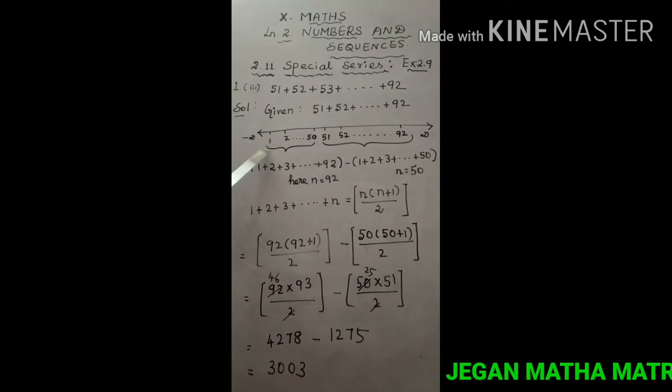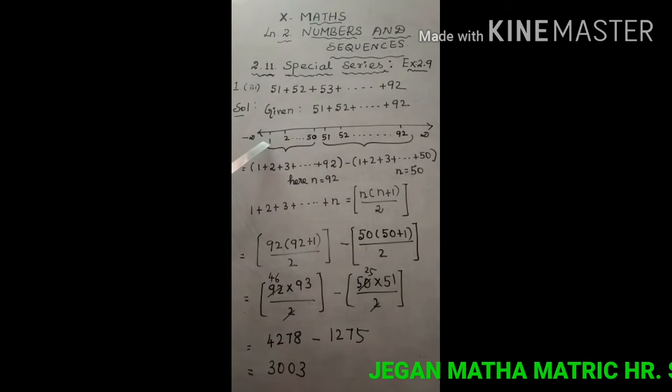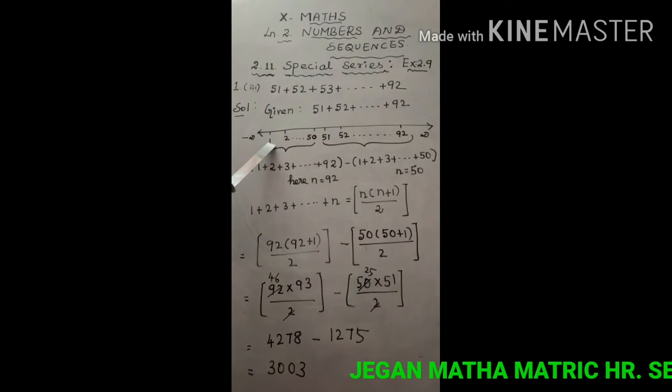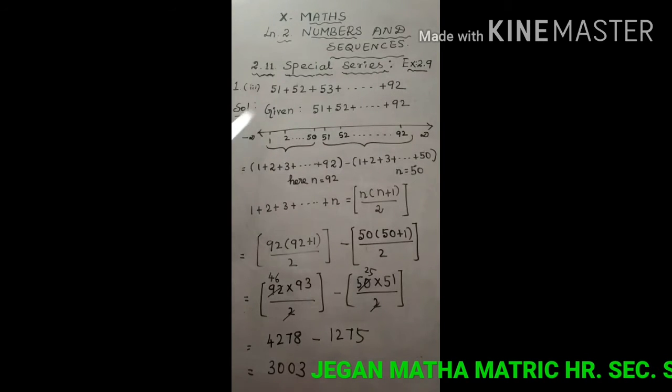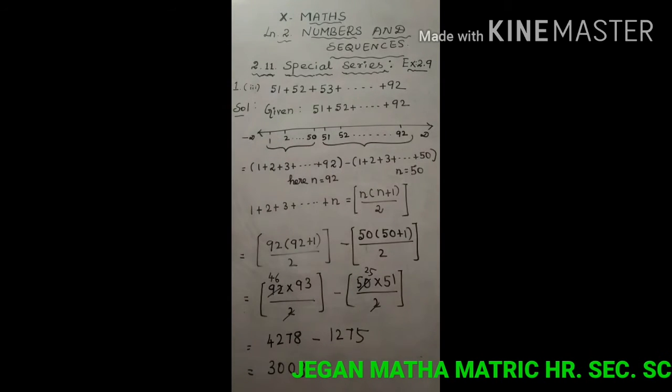But the formula given finds the sum of the series starting with 1 plus 2 plus 3 up to n. So first we consider the series 1 up to 92, subtracting 1 up to 50.